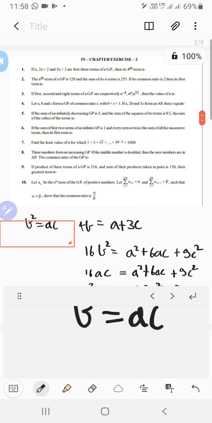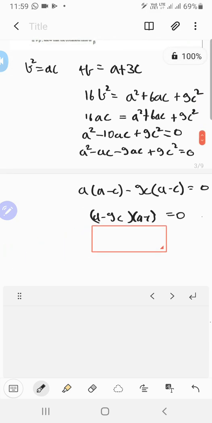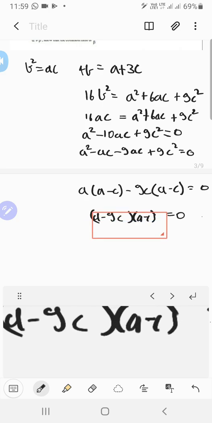So let's come back to our question. What were we supposed to do? Yeah, what is the common ratio? Okay, so we want to find the common ratio now. That's going to be nothing but B upon A or C upon A. So we can already see from this that either A is equal to 9C, which means that C upon A would be 1 by 9, or A is equal to C, which means that the common ratio would be 1, but we are given that r is strictly less than 1, which means that A equals C is not good.